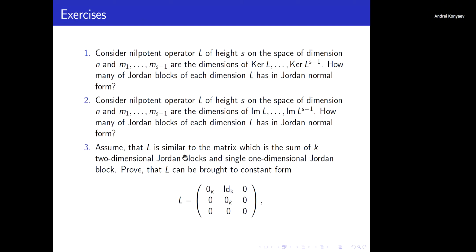The following: assume that L has two-dimensional blocks and one-dimensional blocks, and prove that in this case, for arbitrary dimension, the operator can be brought to the following form. These zeros are tall matrices, with dimension k in one direction and 1 in the other. This means that this is just 0 in the square. So it just has one long zero column here and one long zero row here, and the rest of the operator is constant.